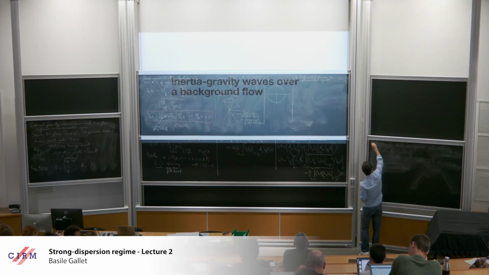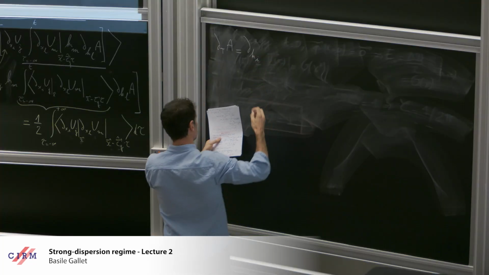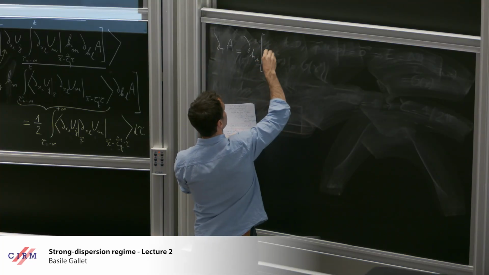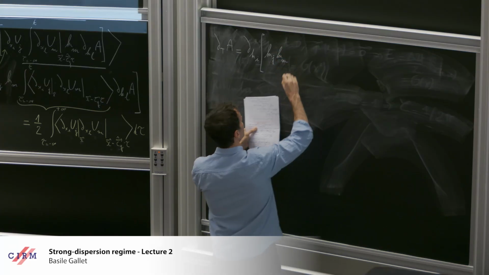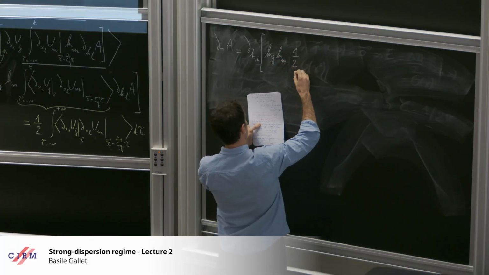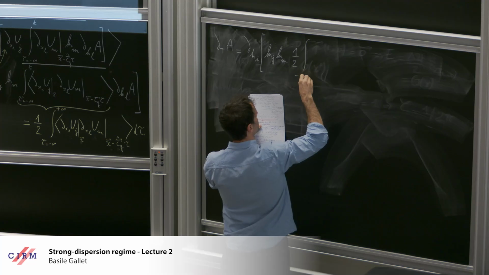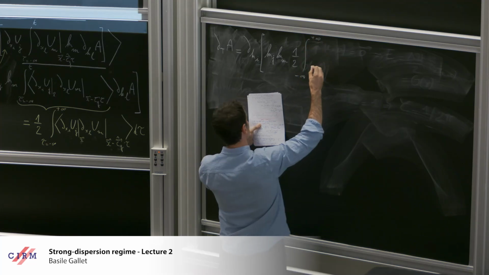Okay, so dt of A of kj, km, I'm just rewriting this, the integral from minus infinity to plus infinity.